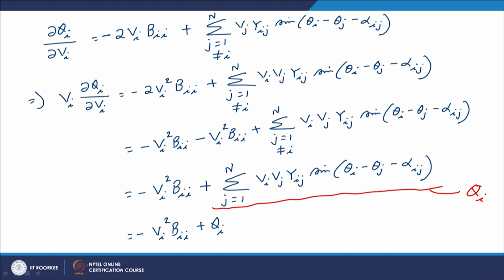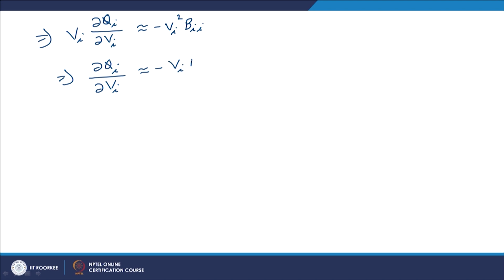So, it is minus V_i square B_i plus Q_i, and invoking this assumption that Q_i is much less in magnitude than this, we get V_i ∂Q_i/∂V_i is equal to minus V_i square B_i, or in other words ∂Q_i/∂V_i is equal to minus V_i B_i.